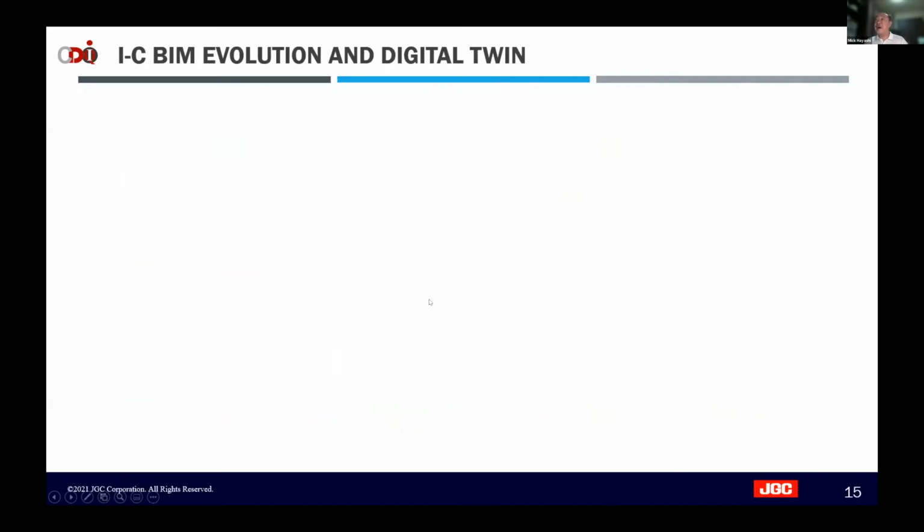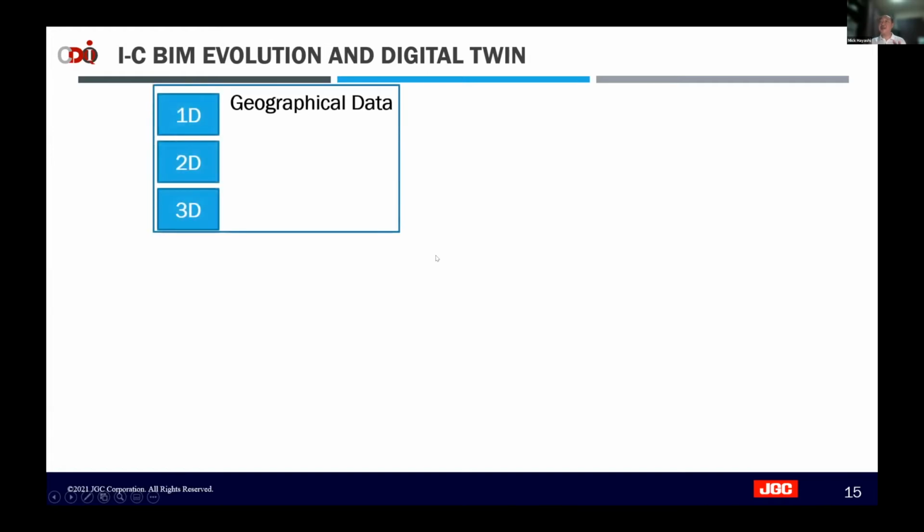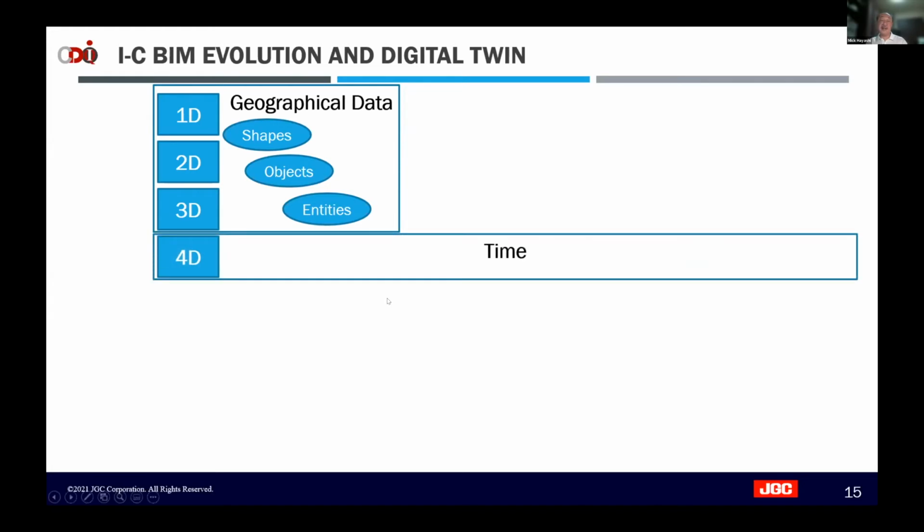Now I combine BIM and digital twin together, and I'm going to explain an integral definition. First dimension, second dimension, third dimension: it's all geographical data representing shapes, objects, and entities. Now we add the fourth dimension, which is time.